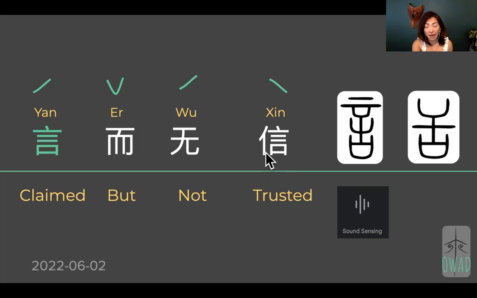So that's 人 and that's 言, human words. This combination is supposed to be morally required to be trusted. When a person says a word, you're supposed to be truthful, trustworthy. That's the foundation of 信.